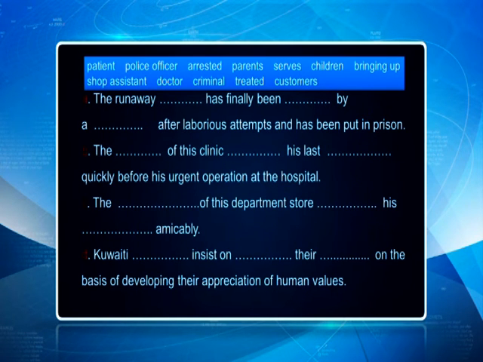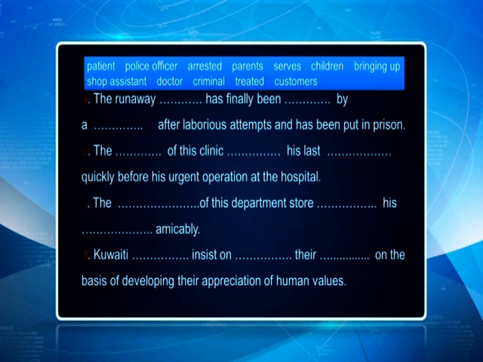Number one, the runaway has finally been by a after laborious attempts and has been put in prison. So, the words are: runaway, patient, police officer, arrested, parents, serves, children, bringing up, shop assistant, doctor, criminal, treated, customers. Of course, the runaway, we need a noun.